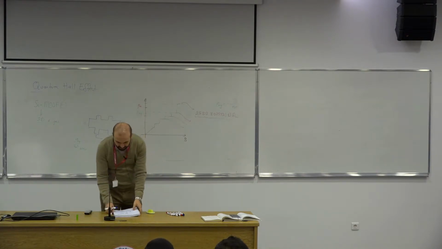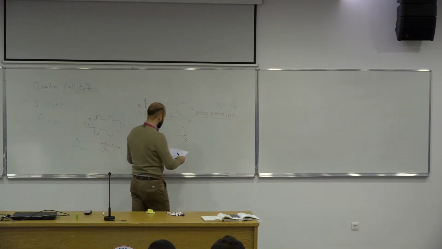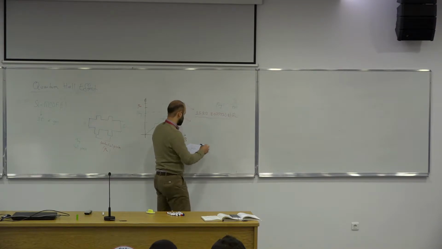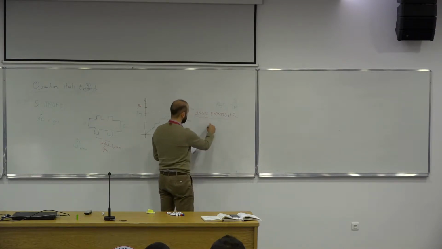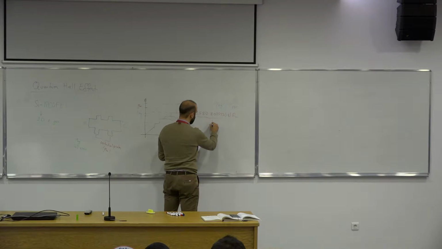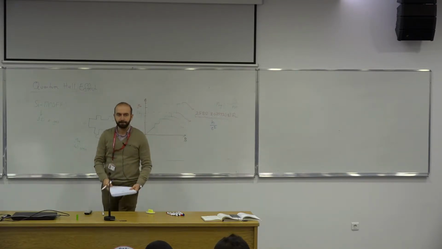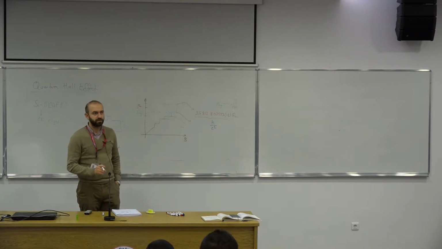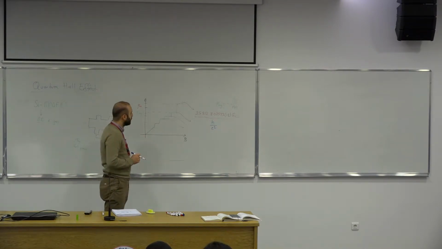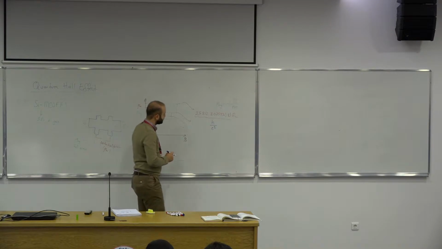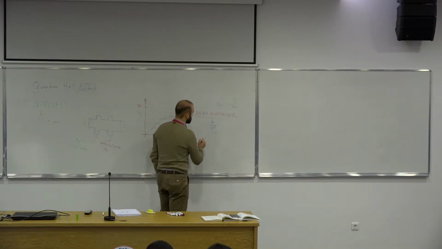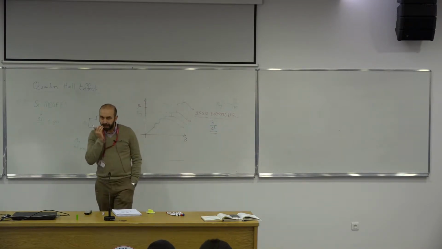If you write down the expression, you will see that the number that we have here is exactly h over e squared. Okay? And now that's very curious. How does that happen?